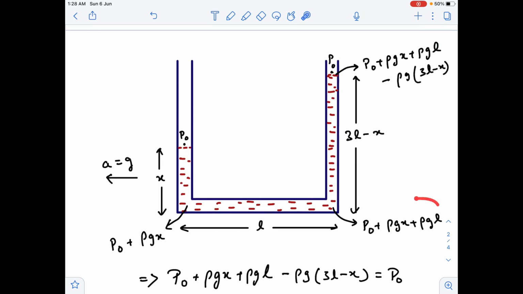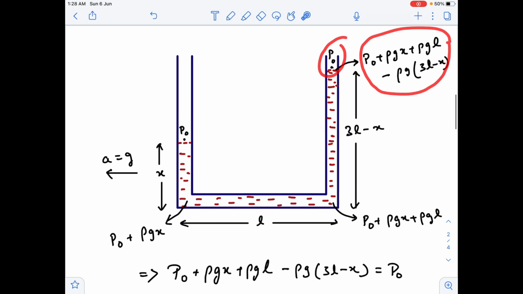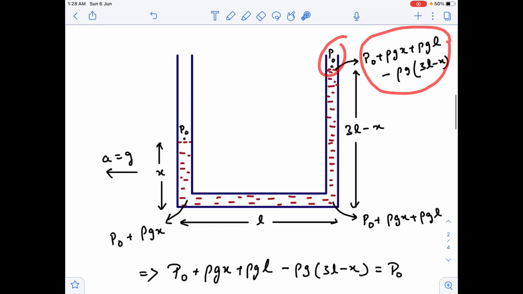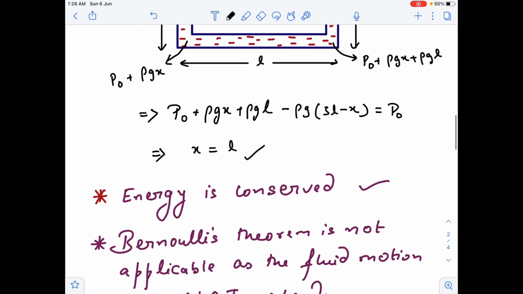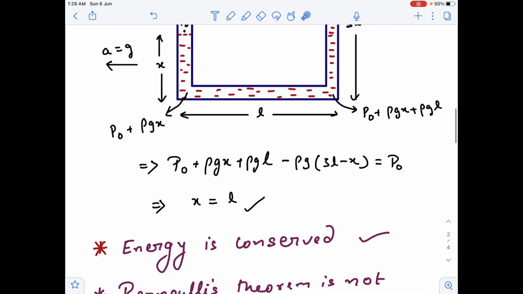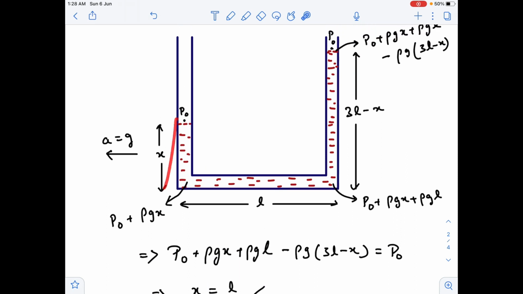So P naught plus rho g x plus rho g L minus rho g times (3L minus x) equals P naught. Solving this equation, you will get x equals L. So this length is L, and the other is 2L. Finally we got the lengths of both the columns.